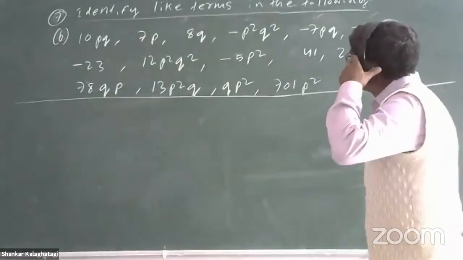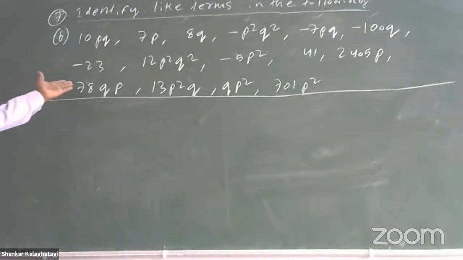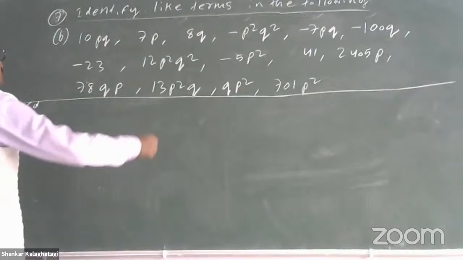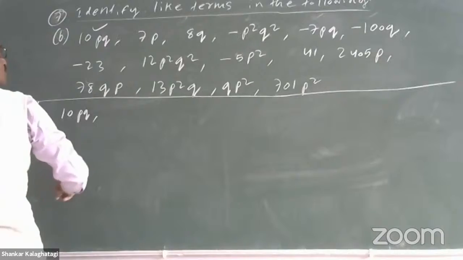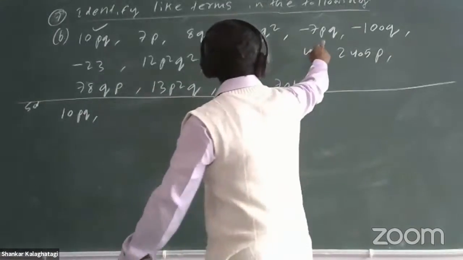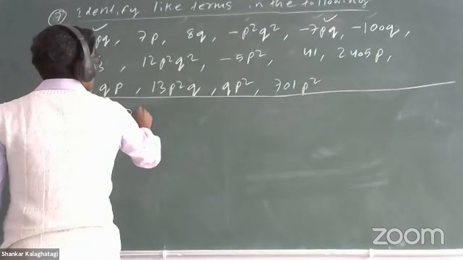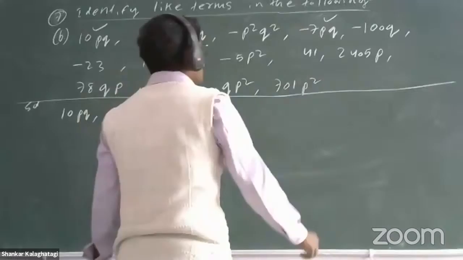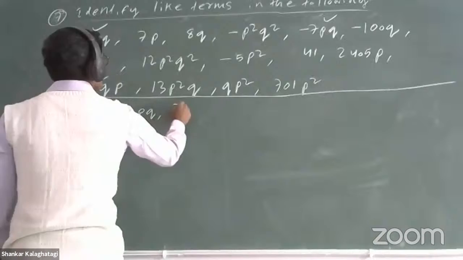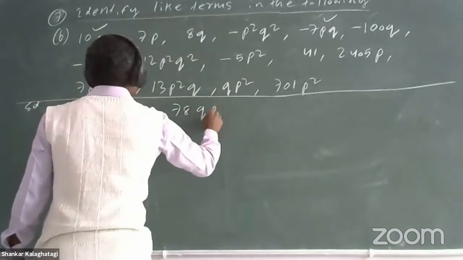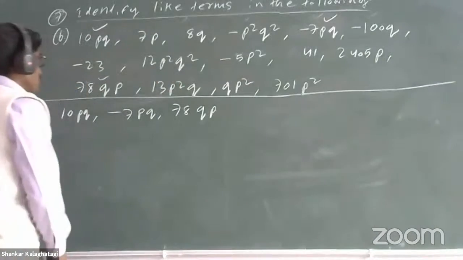Let us solve now. Again, we have to solve in the same manner as we have done in problem A. So first, all PQ: 10 PQ, minus 7 PQ, 78 QP, third line. QP or PQ, one and the same. No other QPs are there.